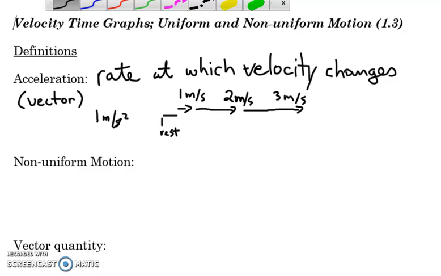Now, in this case, sometimes we have this happening, which means it is non-uniform motion, which is really just motion in which velocity changes.